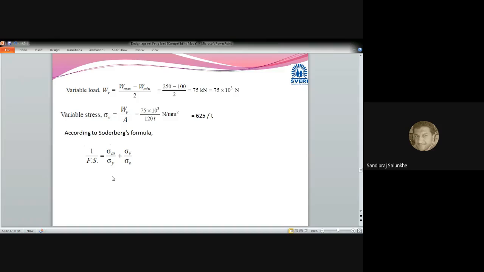Deshpande, you can write in a text message what value you are getting now. Initially, how much you have got? Sir, 14 point something.